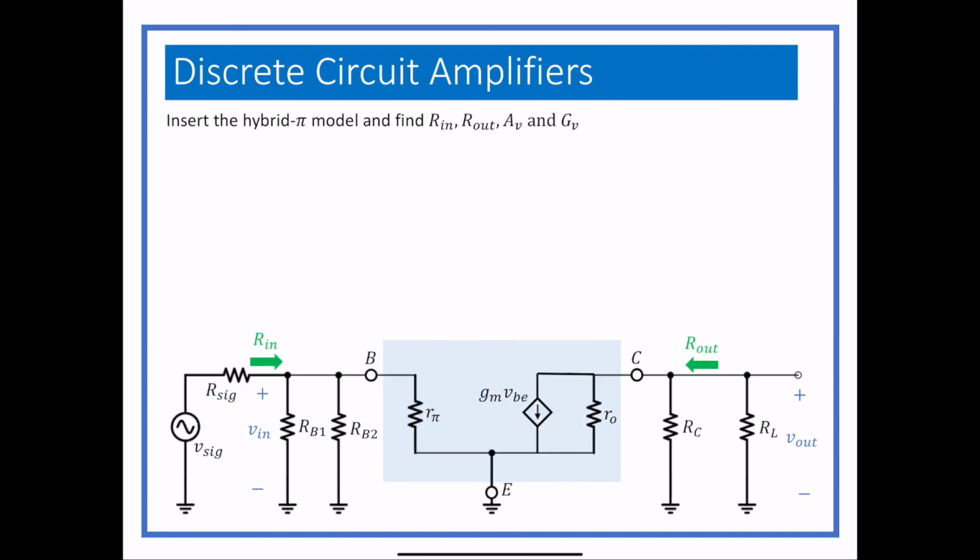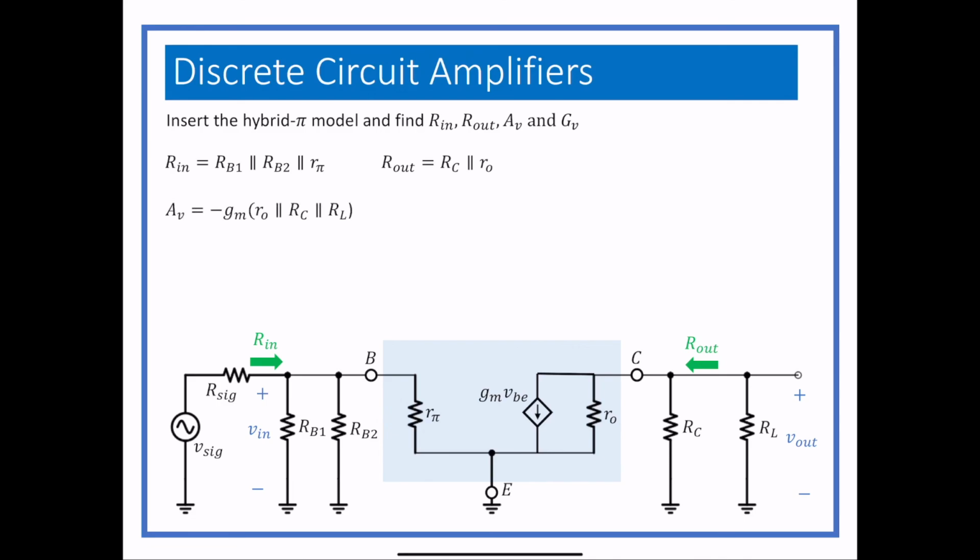That's why base resistors are usually large, because their value does appear as an input resistance when you're using a discrete amplifier circuit. Rout, since ro is in the circuit, is going to be equal to RC in parallel with ro, and RL doesn't appear until we do the gain equation.